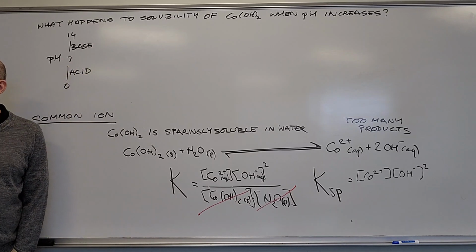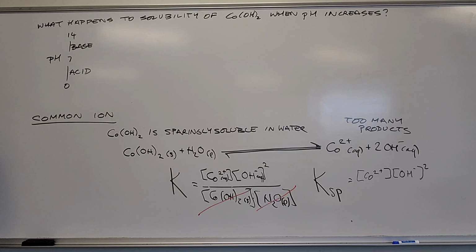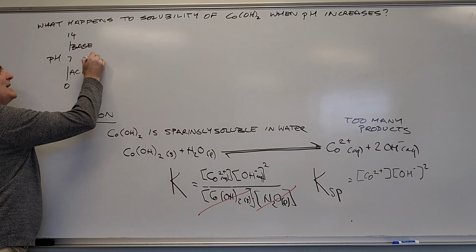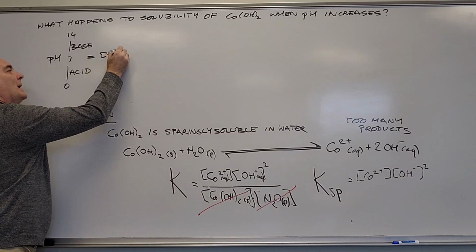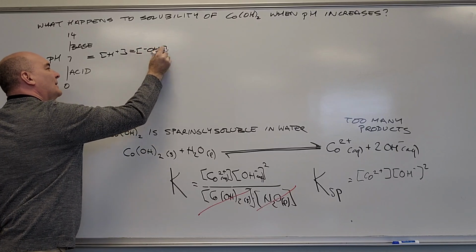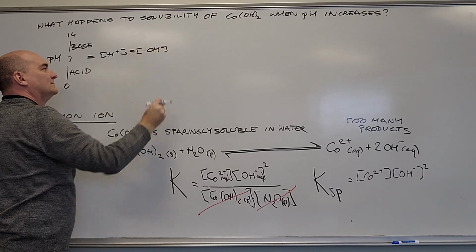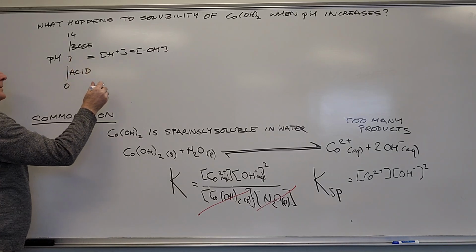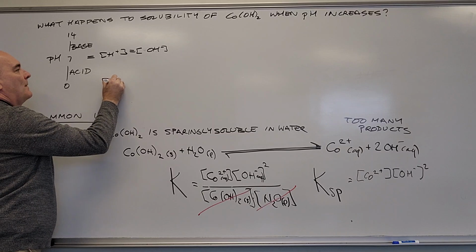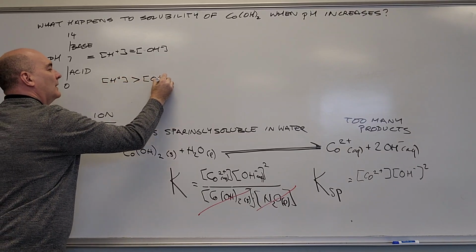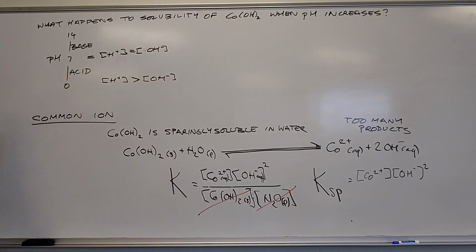So when I make the solution have a higher pH: at 7, the amount of H plus in solution is equal to the amount of hydroxide. At low numbers, the amount of acid, H plus, is larger than the amount of hydroxide.